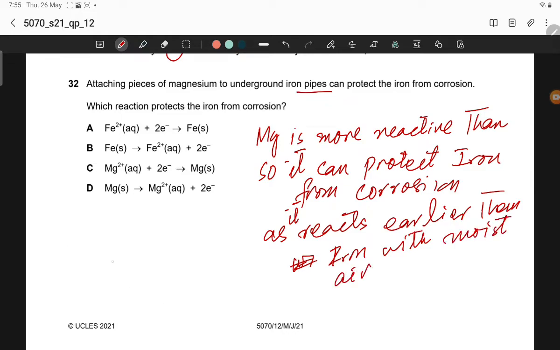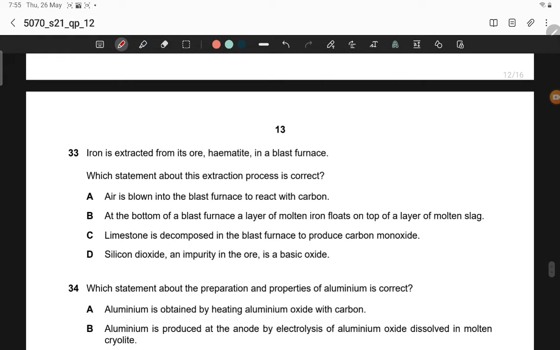So the reaction is magnesium to form magnesium oxide. So magnesium is oxidized earlier, so this option is correct. D option is correct.